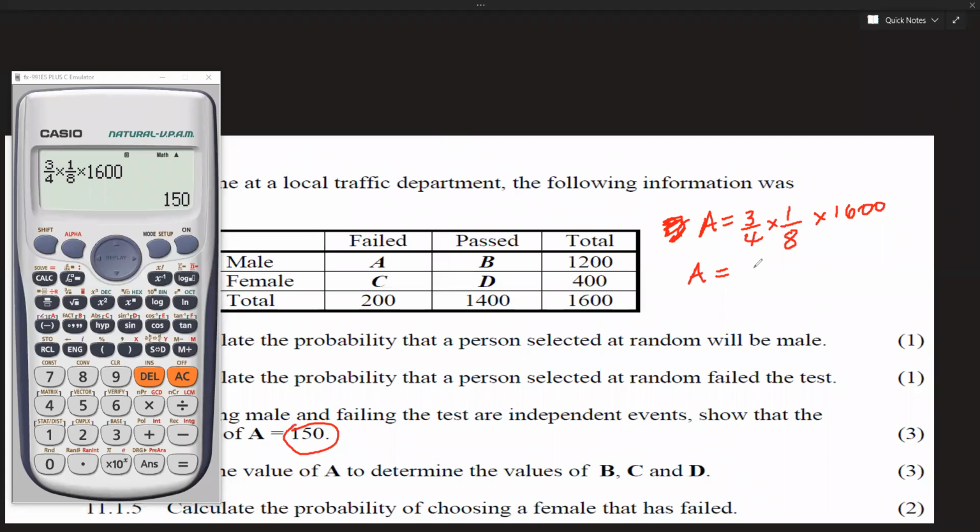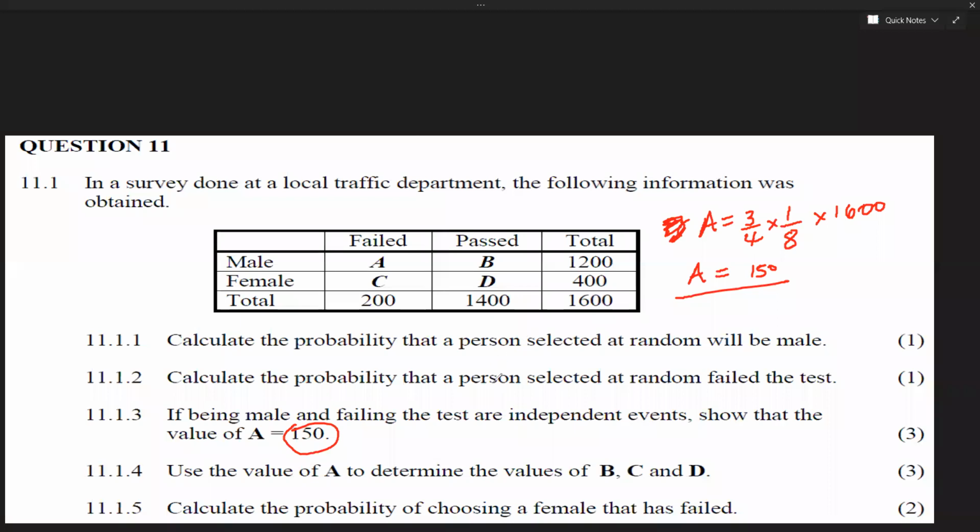A equals 150. Then that should give you your 3 marks. Okay. Awesome. So now we know that this is 150 here, right? Awesome. So now let's check this question. They say, use the value of A to determine the values of B, C, and D. So they want us to find that, and that.